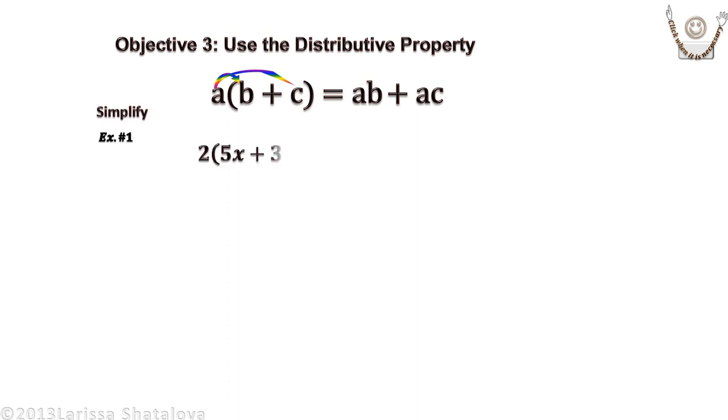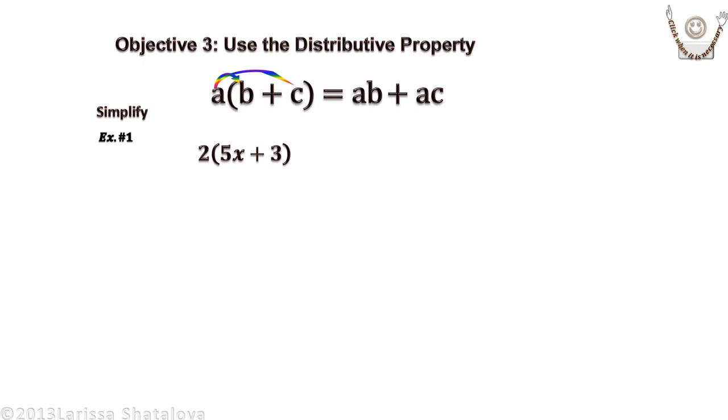We have positive 2 times (5x + 3), and we have a request to simplify. As you remember, we have to simplify parentheses first. Let's look at what we have within parentheses: positive 5x and positive 3. They are not like terms. We can't combine them.